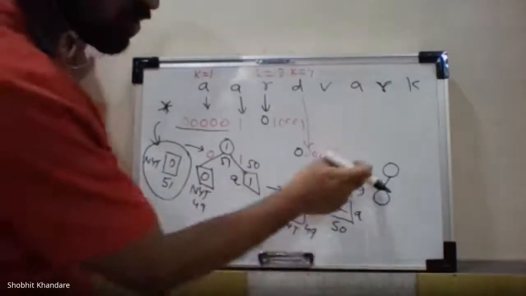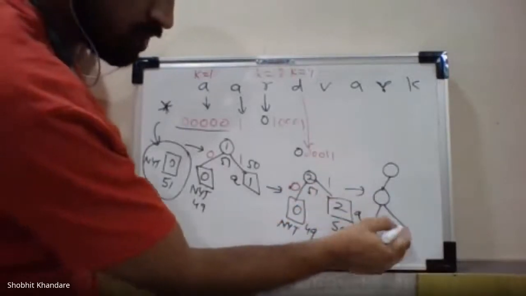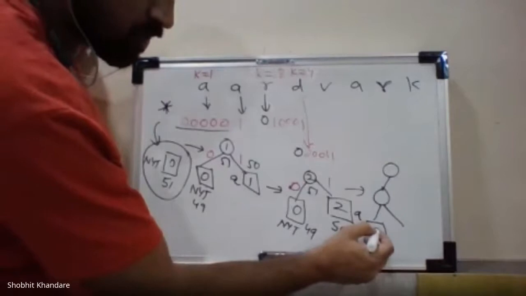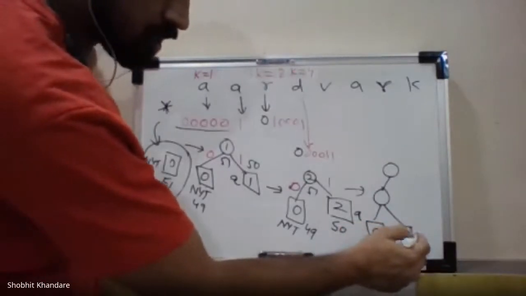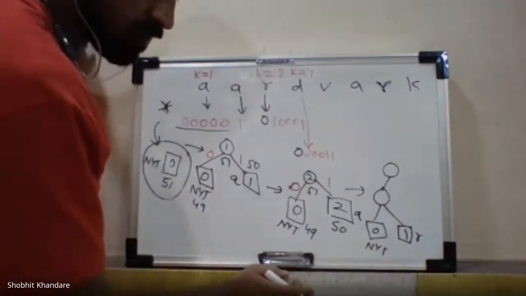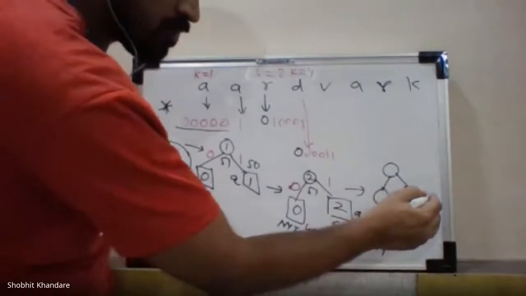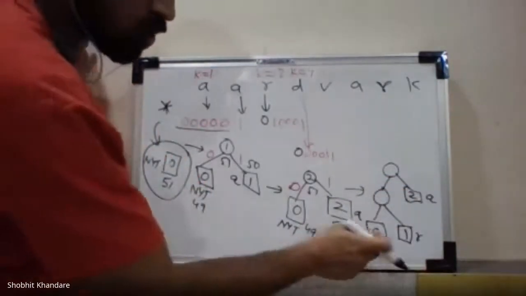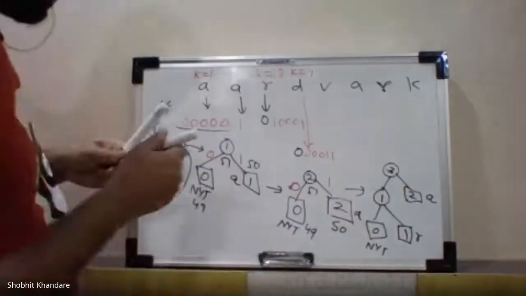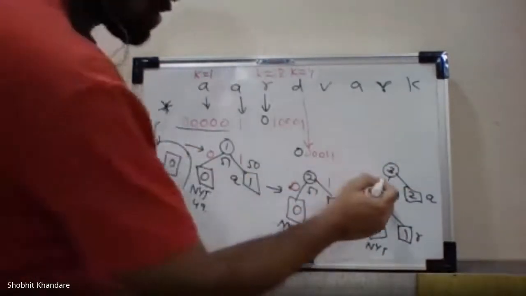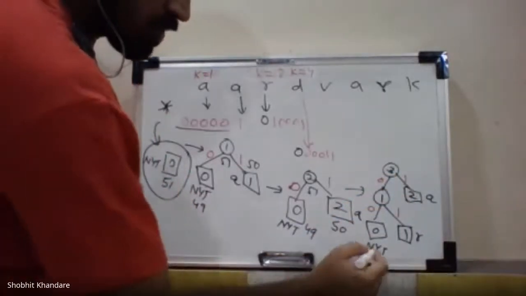So you have an internal circle, then here you have two children. The left child will always be NYT, and here comes R, coming for the first time. That is why it is 1. And here your 2 will be the same, for A. So 0 + 1 is 1, 1 + 2 is 3. So this is the updated tree. So this is 0 1 0 1. If you want to write down the weight, you write it down, otherwise leave it.